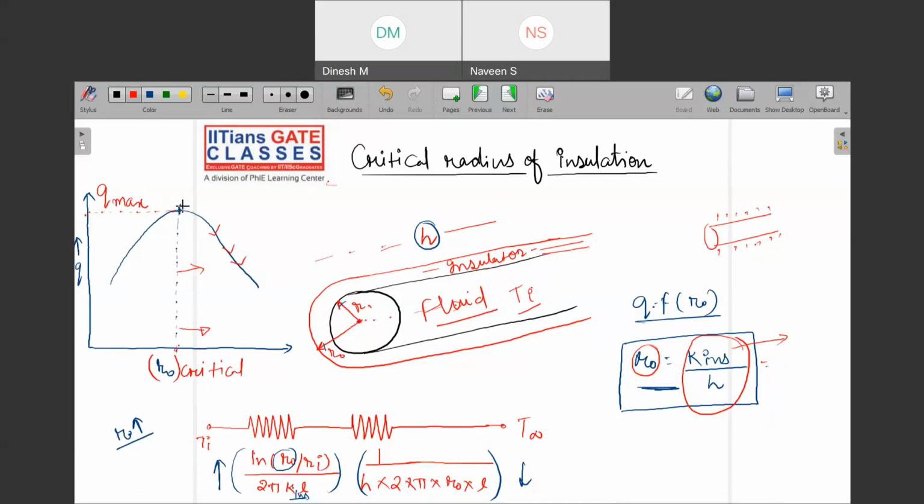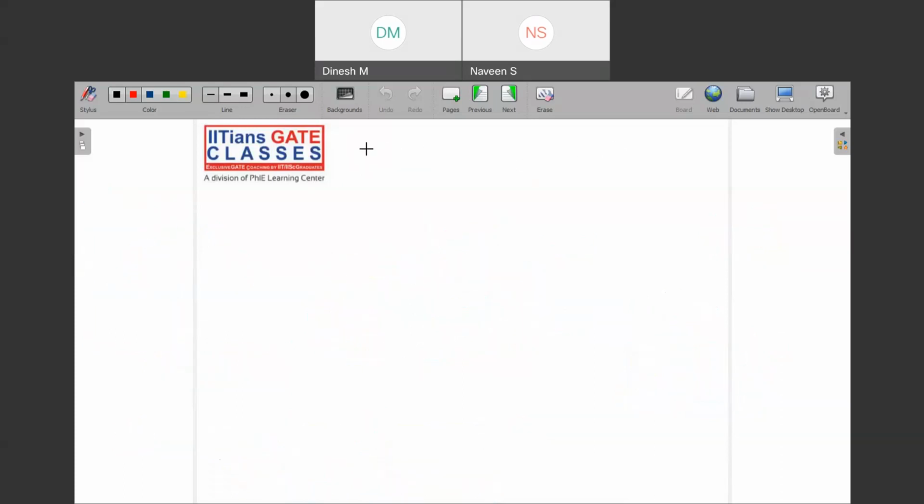In that case, I will put this R naught. But when I am not willing to lose my heat, then what will be my R naught value? This one. Got the idea?